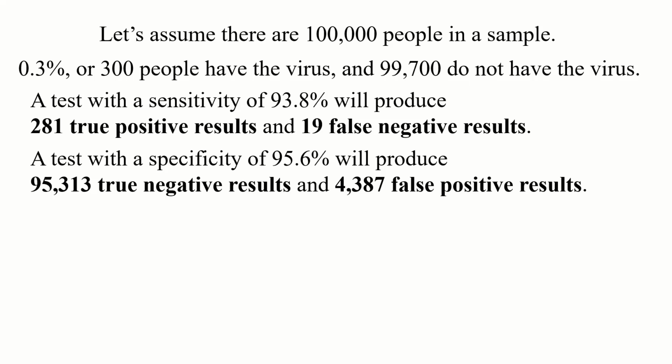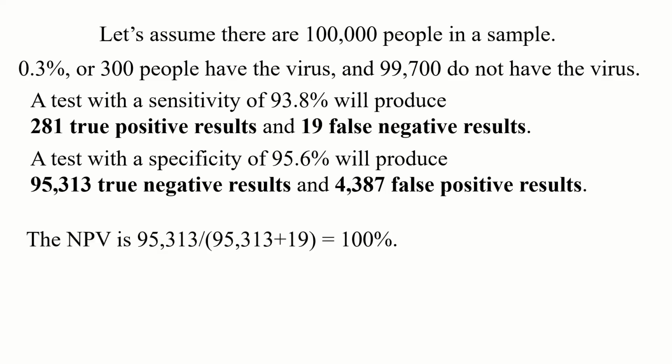A test with a sensitivity of 93.8%, meaning 93.8% of the 300 people with the virus, will give us 281 true positive results and 19 false negative results, and a specificity of 95.6%, which will produce 95.6% of the 99,700 people without the virus, or 95,313 true negative results and 4,387 false positive results.